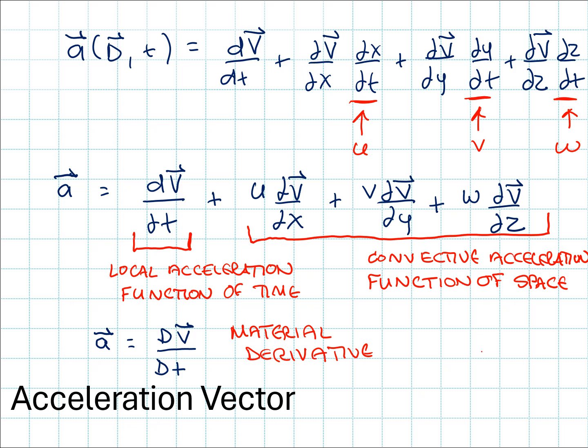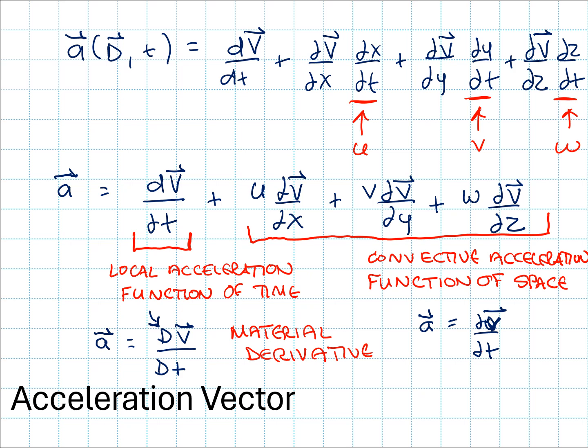For me personally, this simplifies it a little bit too much, the notation you'll see sometimes. And I want to point out that this D right here is not the displacement vector. It's a capital D, but no vector symbol over the top of it. It's just notation telling us to expand velocity out throughout space and time. So another type of notation that you might see to represent the acceleration vector, which also gives credence to the fact that it's a material derivative of velocity, is something that looks like this, where we've got the first term, the change in the velocity vector with respect to time.